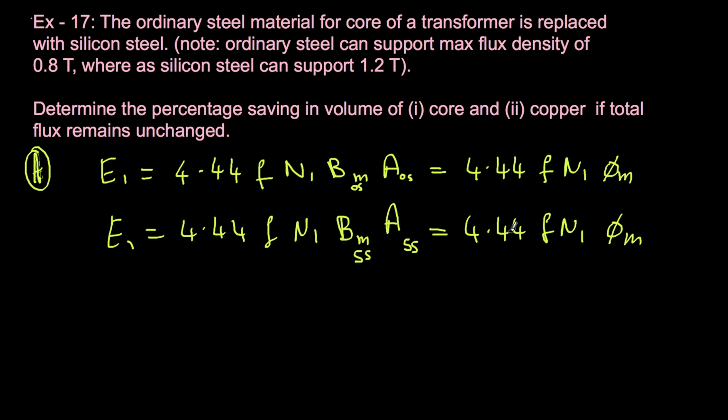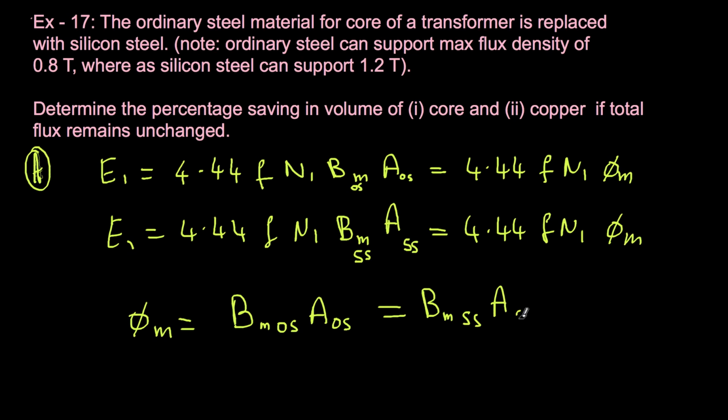So the total maximum flux is nothing but flux density of ordinary steel multiplied by area of ordinary steel, which is also equal to flux density of silicon steel multiplied by area of silicon steel. So the product needs to be maintained.